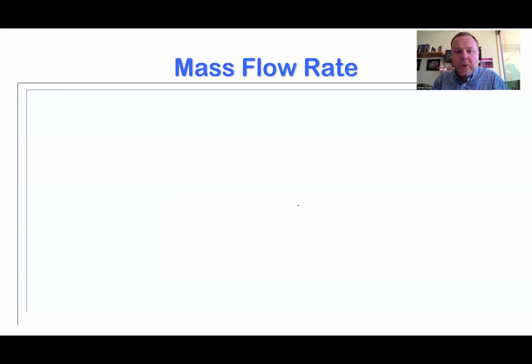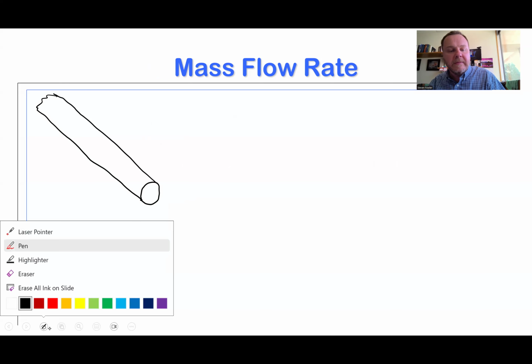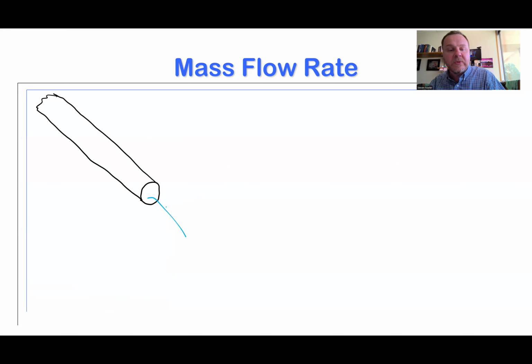Okay. Now, we've discussed the idea of a mass flow rate before. If I've got some sort of pipe or conduit, and material flowing out of that, maybe some sort of liquid, that stuff's going to come out at a specific speed.